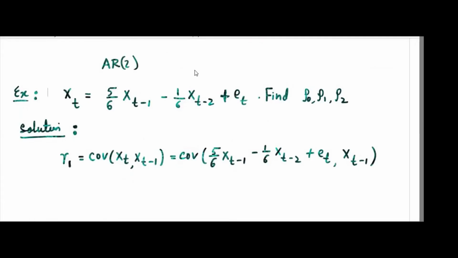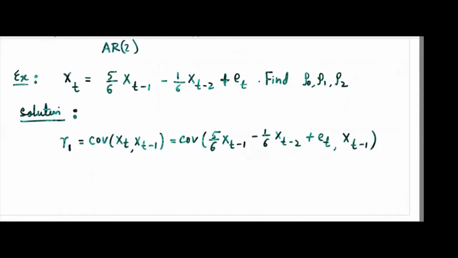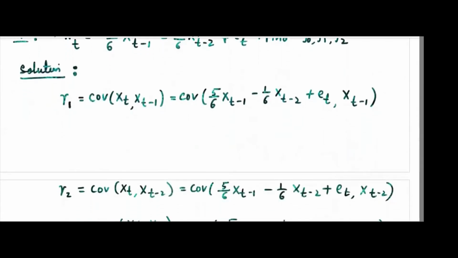You have to find the autocorrelations and autocovariances for AR processes this way. If MA processes are given, I will go to those later anyway. We have different ways of finding. Okay, so remember this is the standard way. Then we have to write here separately covariance x_{t-1}, x_{t-1}.